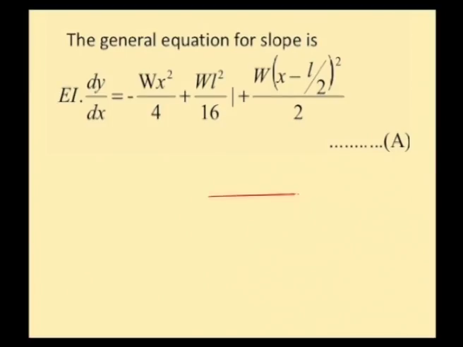So, we have the simply supported beam AB and the load is applied at point C. We need to know up to the dotted line when we should use the equation and when we should use the entire equation.